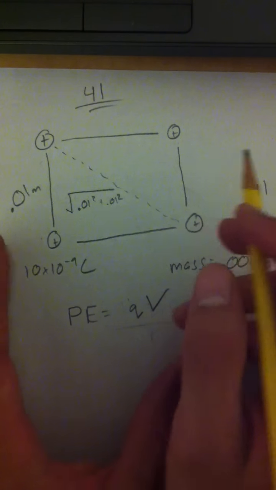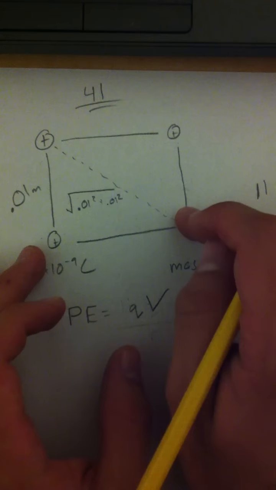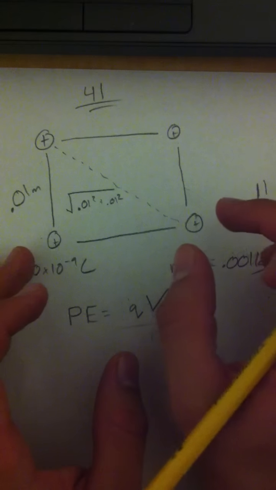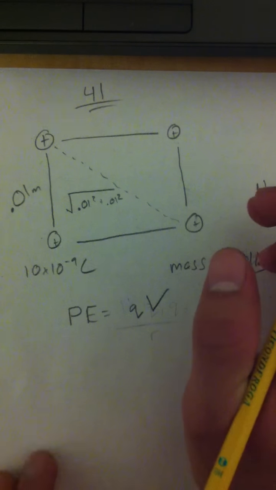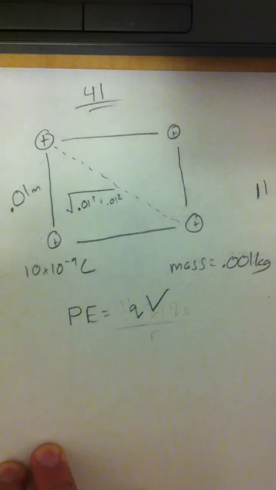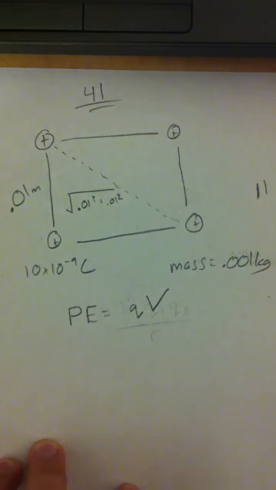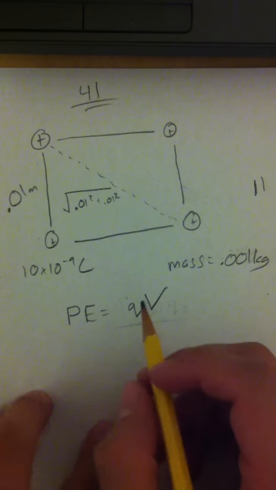I guess they're probably taped down or something, but they can't move, so they're going to have a potential energy. So that's the first thing we need to do, is find this potential energy.